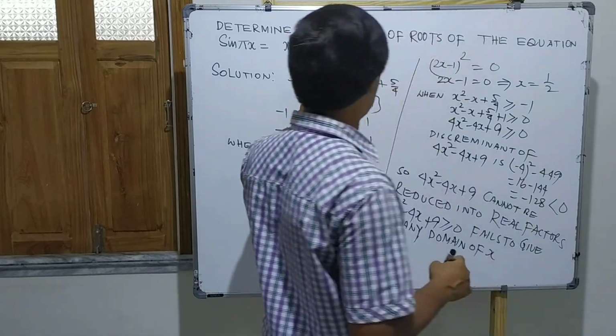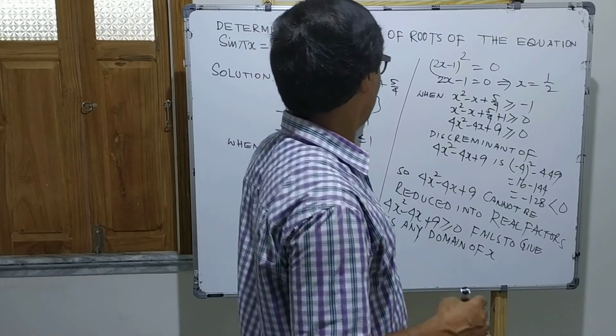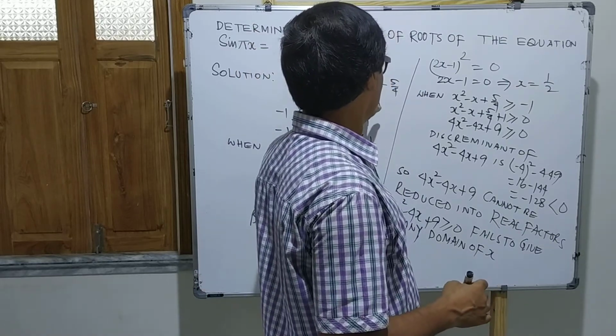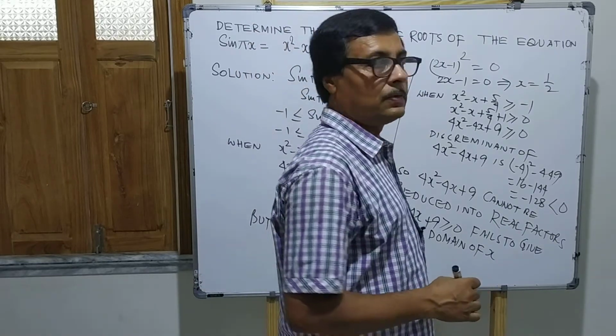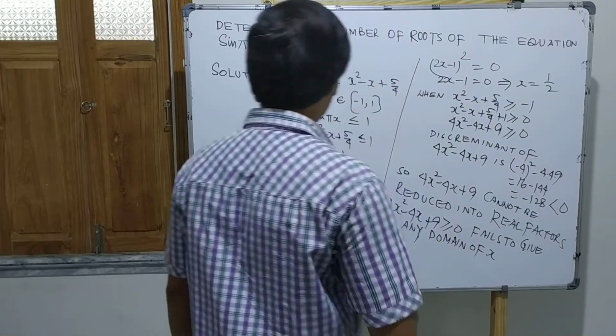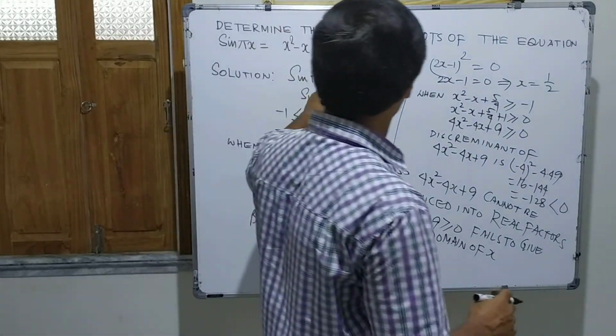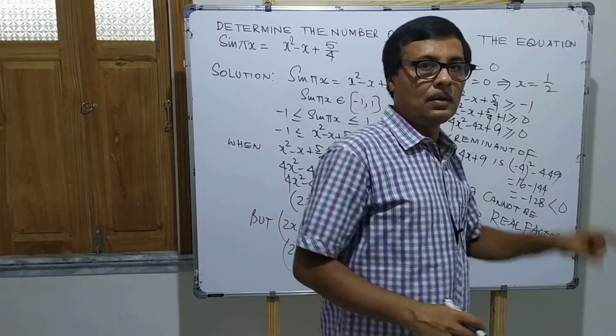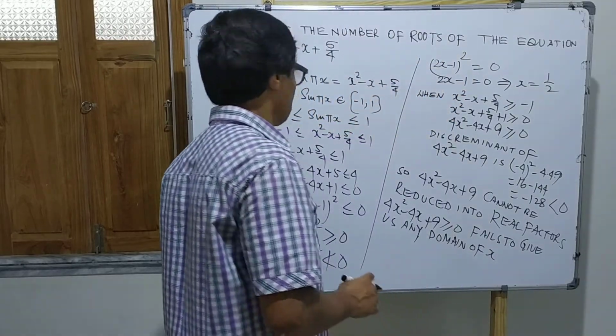This equation is sin pi x equal to x square minus x plus 5 over 4. So there is only one root of this equation.